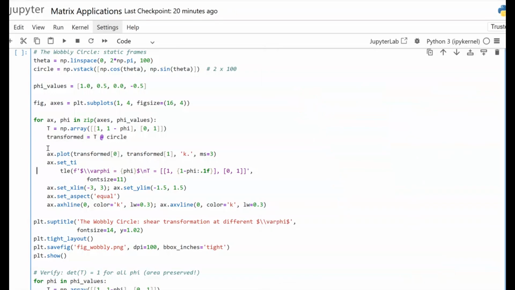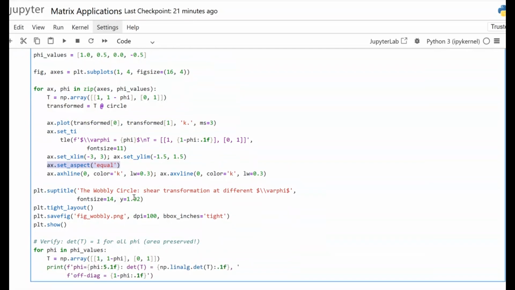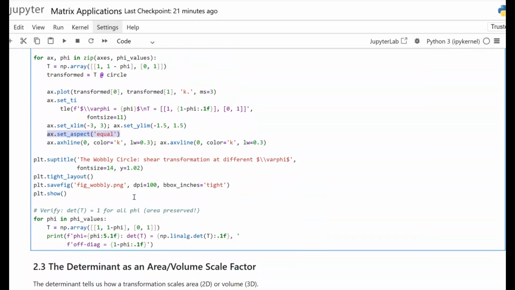Kindly observe the exact plot, the transformed points as a scatter. Let me set the axis fixed and equally scaled, and this ensures geometric distortions are accurately represented. And let me have the title, which of course displays the parameter value and the explicit matrix formation.